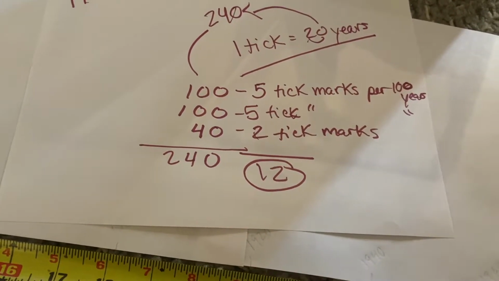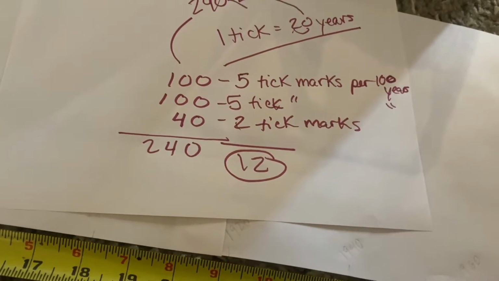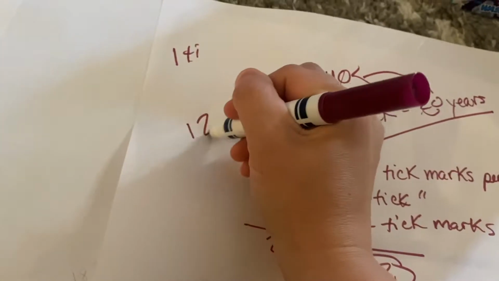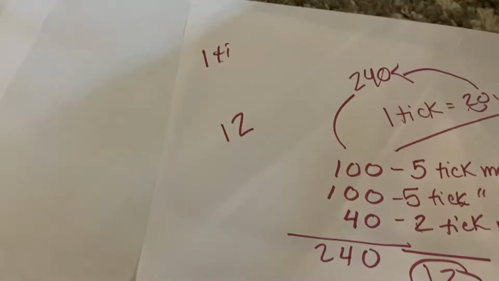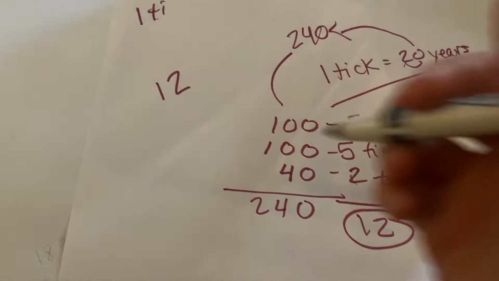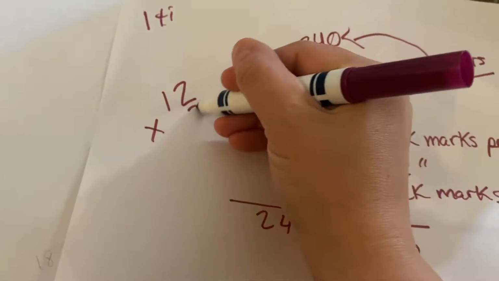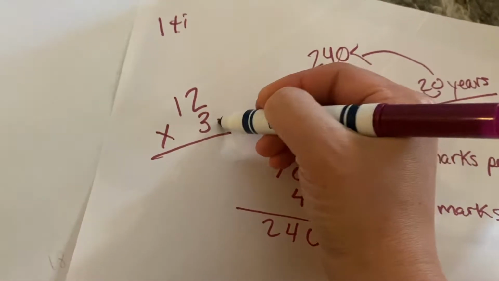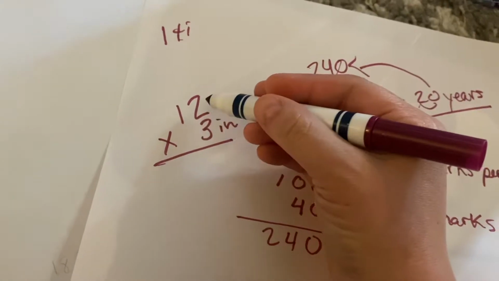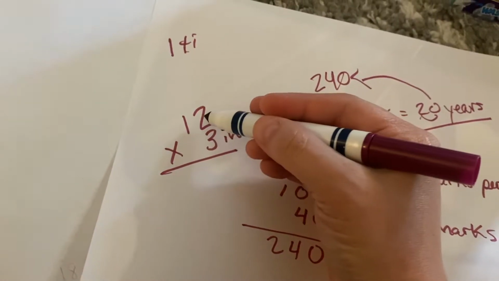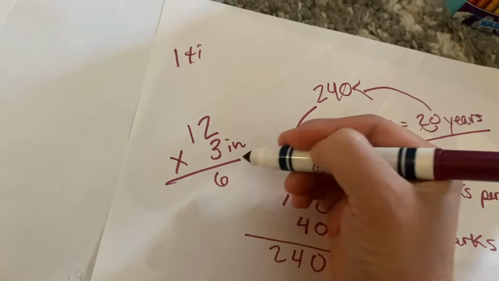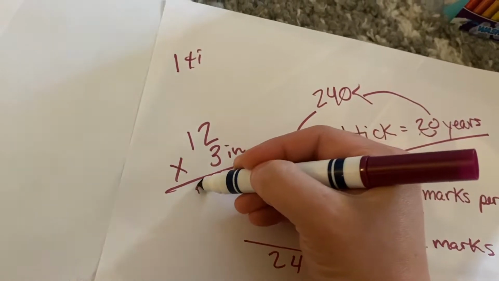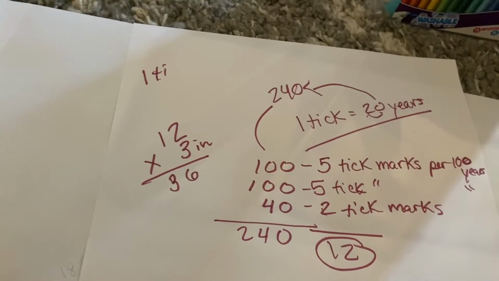And I thought, well, I think 3 inches is going to be good to have as the distance between my tick marks. So if I'm going to have 12 of them, I want to know how long that's going to make my timeline. So I have 12 tick marks, and if each one was 3 inches, we'd have to multiply 12 times 3. So 3 times 2 is 6. And 3 times 1 is 3. So 36 inches.